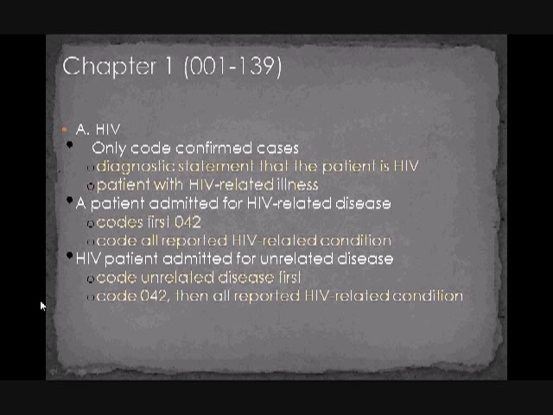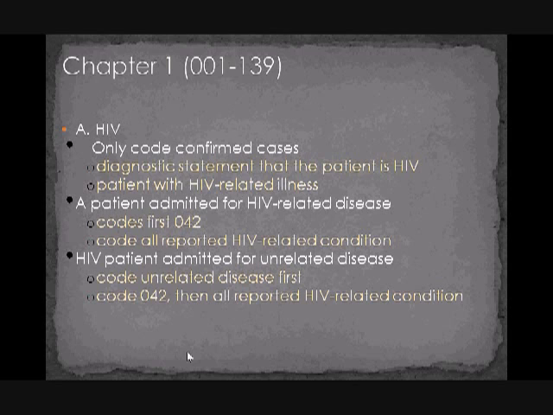Confirmation can be in the form of the actual diagnostic statement saying the person is HIV positive, or is an HIV patient, or a patient with HIV related illnesses. It's very important that you do not code an individual with this code unless the person has been confirmed. If the individual indeed has been confirmed, then the code that we give this individual is 042. So 042 is a confirmed HIV code.